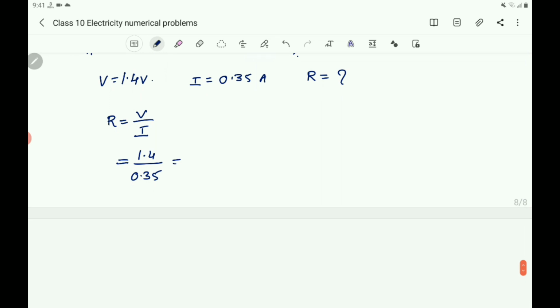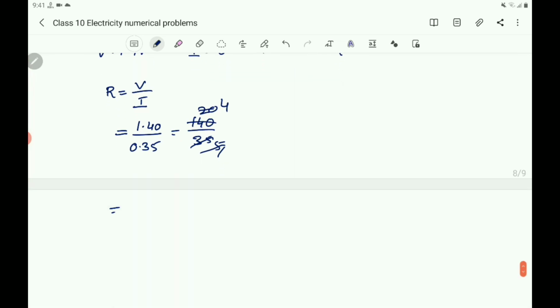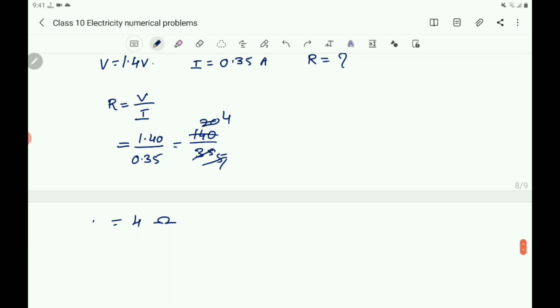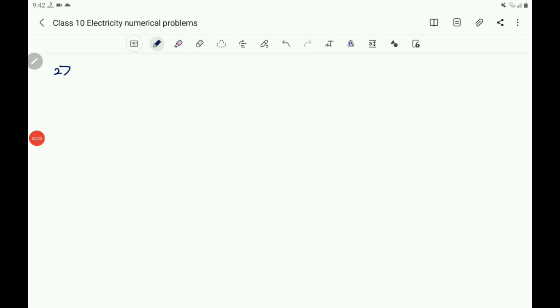That equals, you remove the decimal point, that becomes 140 by 35. And you know that 7 fives are 35, 7 twos are 14, so 4. So you will get 4 ohms. Then what is the resistance of a conductor? Resistance of a conductor is 4 ohms. That is R equals 4 ohms.